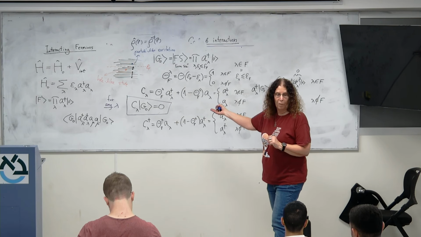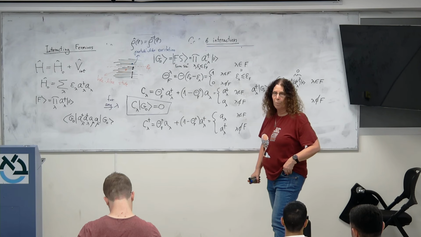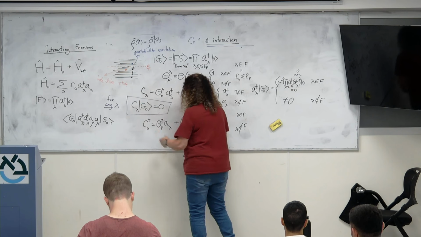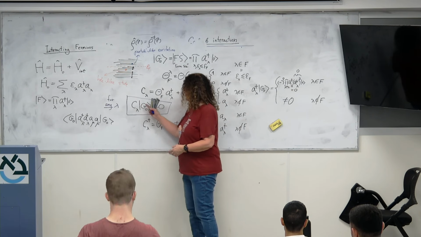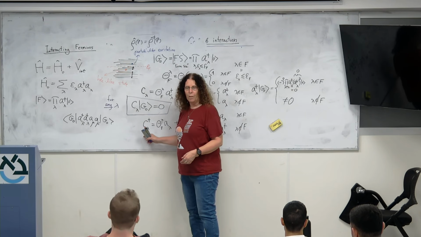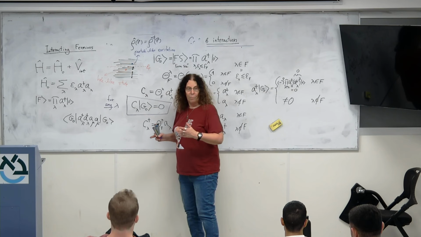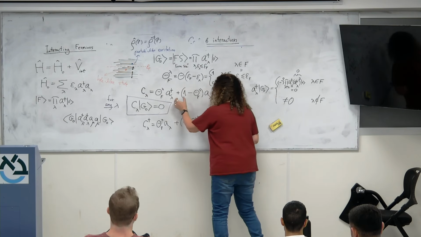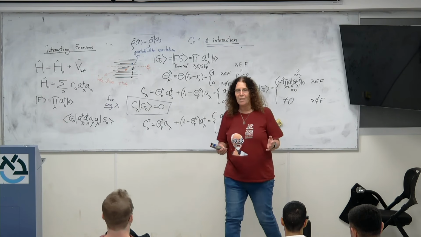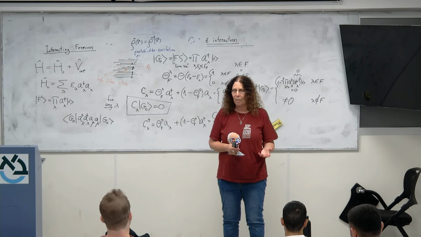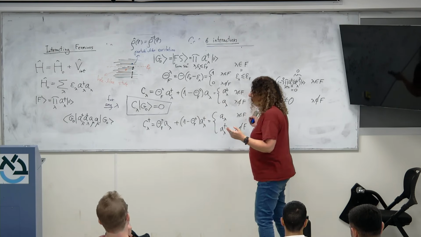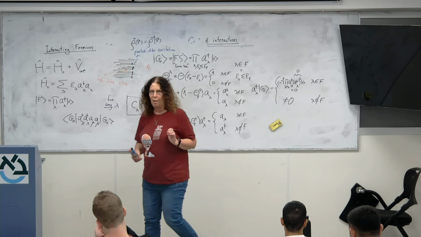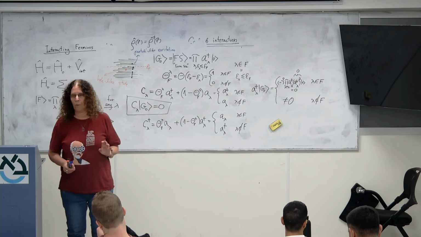I think I don't even need to do the calculation, right? You just need to take the anti-commutator of some C lambda and C lambda prime dagger. Notice that because these two terms are exclusive, each lambda is either inside or outside, so C and C dagger obey exactly the same fermionic anti-commutations.